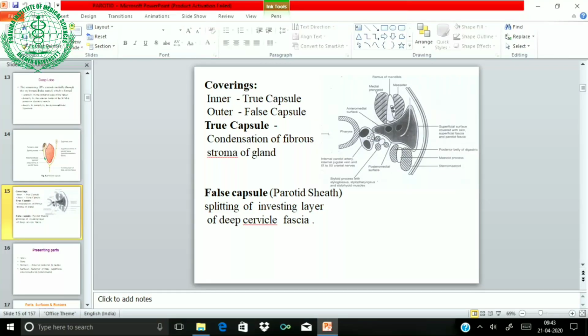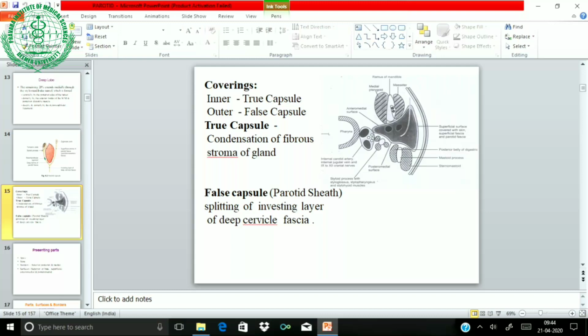The false capsule is derived from the investing layer of the deep cervical fascia, amongst which the superficial lamella is attached to the lower border of the zygomatic arch, while the deep lamella is attached to the styloid process by forming the stylomandibular ligament.